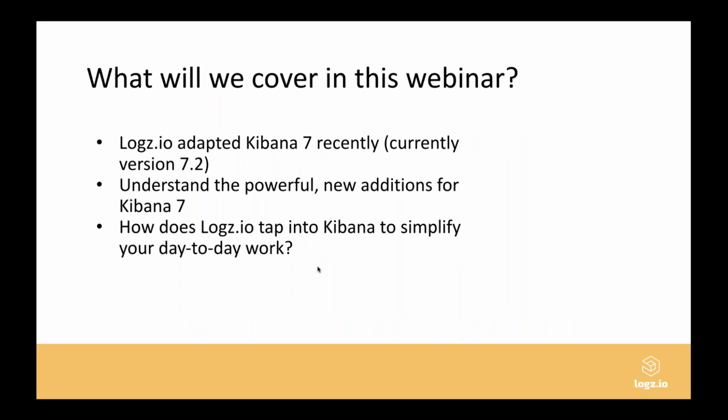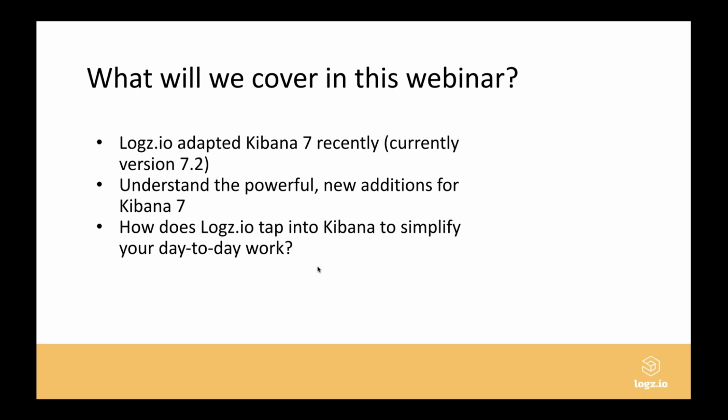Okay, since we released a new Kibana version in Logz.io not long ago and moved from version 6 to 7.2, we learned quite a lot about the things that make users struggle with Kibana. So we decided to put a bunch of resources to help as many people as possible understand and learn about new features introduced in Kibana 7, as well as existing ones that can now be found in other locations on the screen.